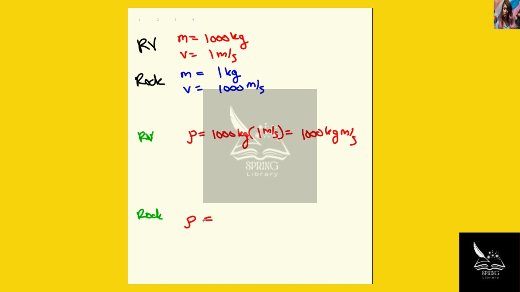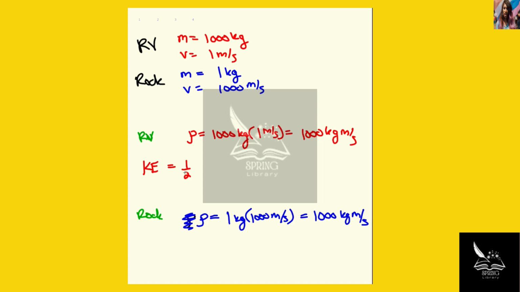And you would find that the momentum of the rock is also equal to 1,000 kilogram meters per second. Now let's look at the kinetic energy. This is where it's going to get interesting.